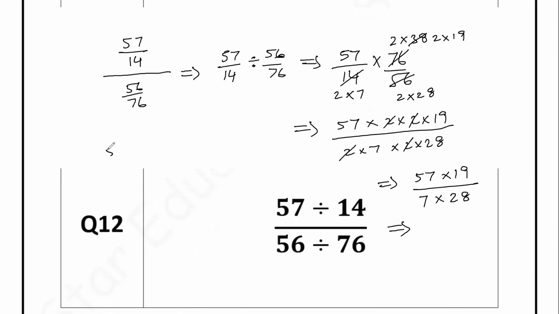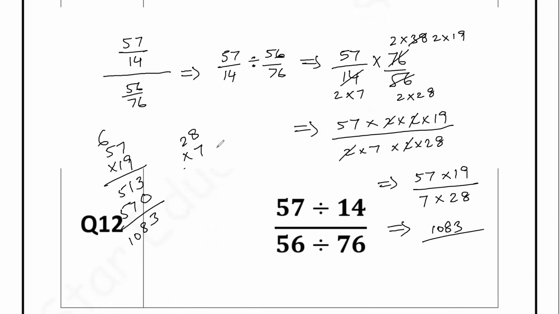So that's your answer. 57 times 19. So 9 sevens are 63, 9 fives are 45, 51... 1083 on the top. And then 28 times 7. 7 eights are 56, 7 twos are 14 and 5, 19. 196 on the bottom. That's your answer.